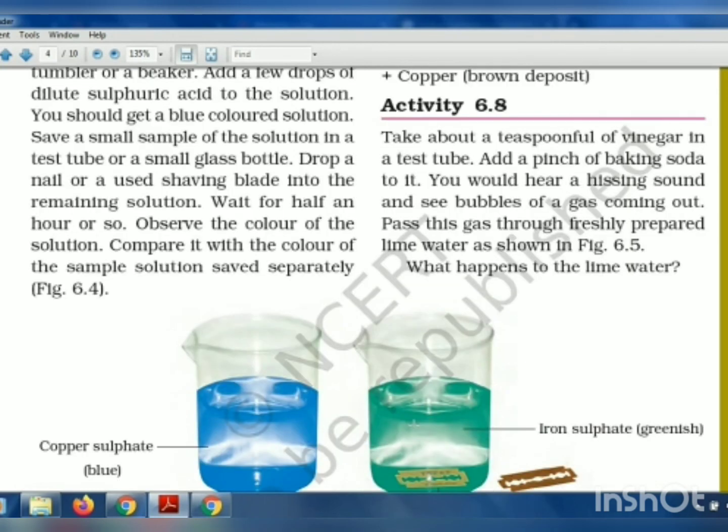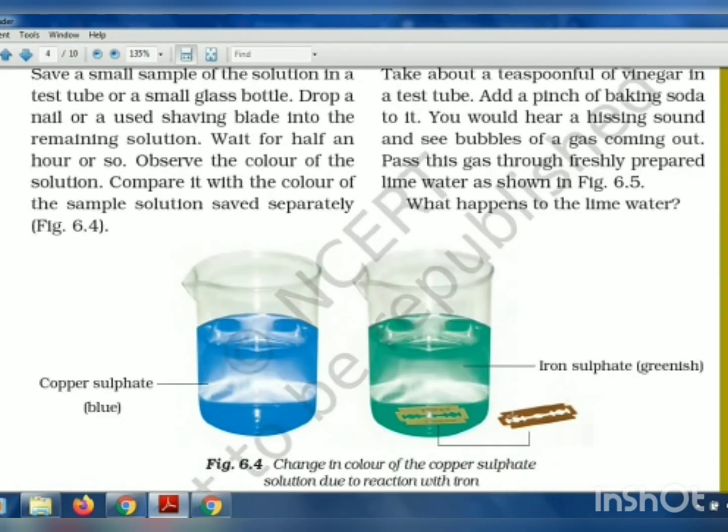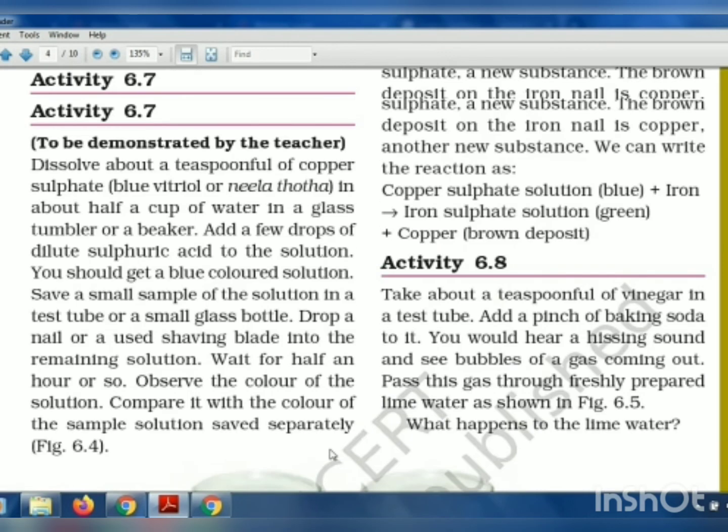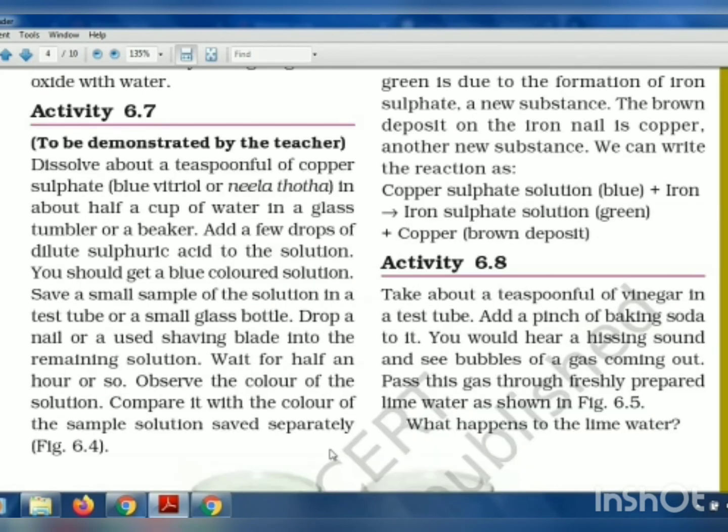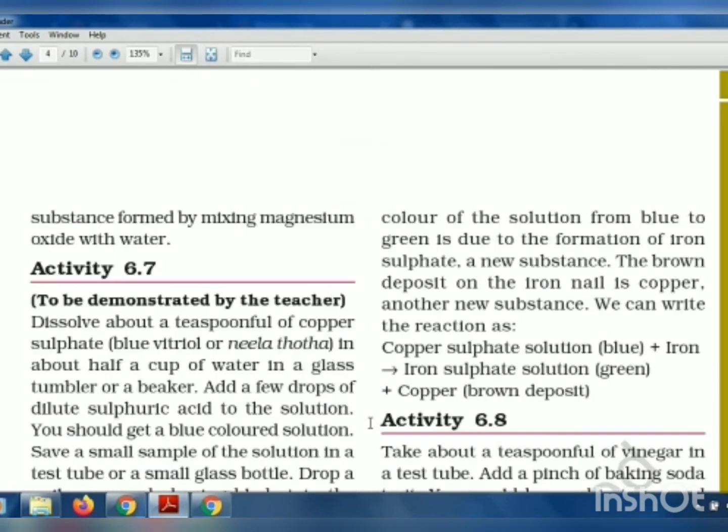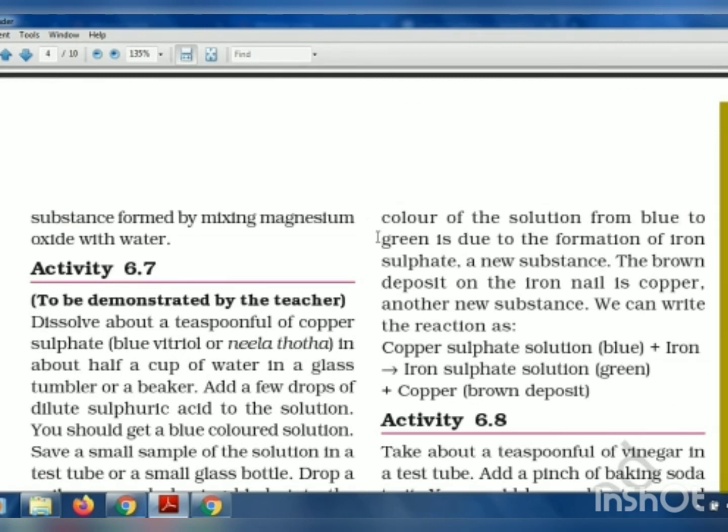So here also two substances are formed. The brownish material is there because that was a copper sulfate solution, right? So copper got deposited on this metal. Compare it to the color of the sample. After half an hour, the change from blue to green is due to the formation of iron sulfate.